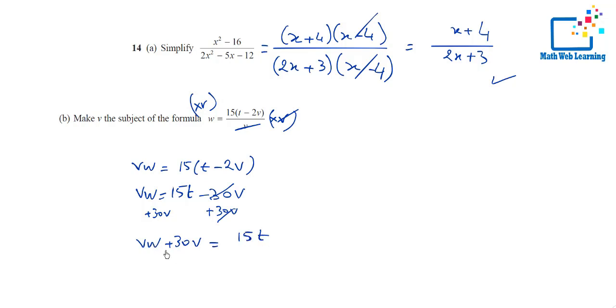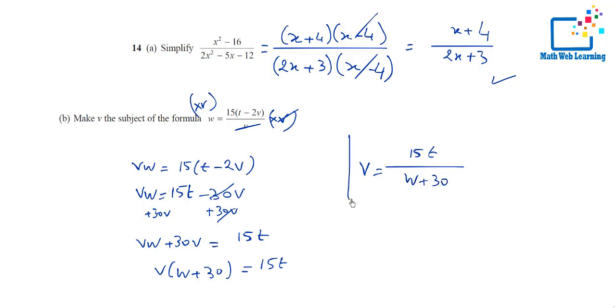Right, now you can see v is a common factor, so factorize it to get w plus 30 inside the bracket, times v equals 15t. So therefore v is equal to 15t over w plus 30 is your answer.